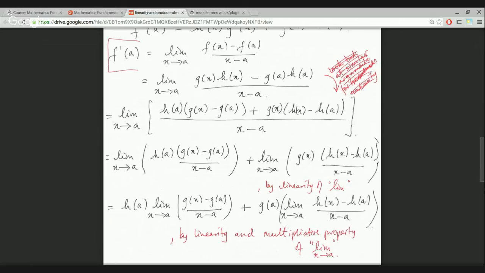But I'm proving this in a lot of generality. So what is needed here? What is needed is a new angle on the definition of the derivative.